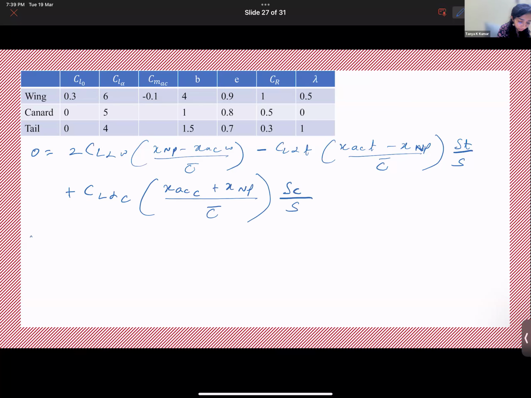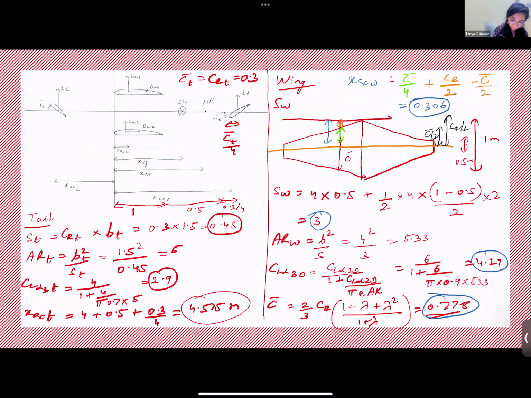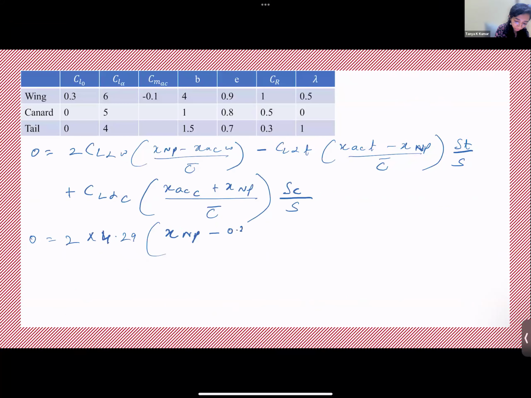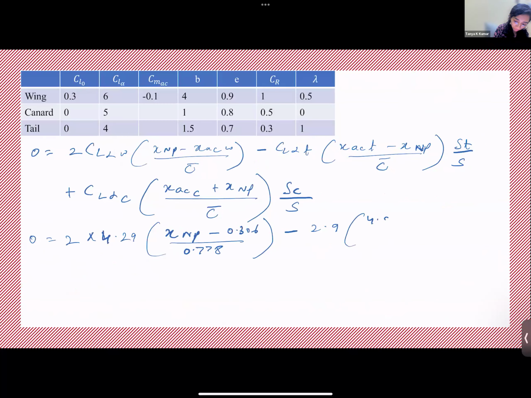Now let's substitute the terms. 0 equals 2 CL alpha wing is 4.29. XNP minus XAC wing is 0.306 by C bar was 0.778. Minus CL alpha of the tail was 2.9. XAC tail 4.575.